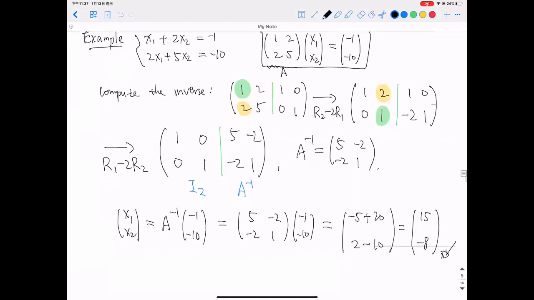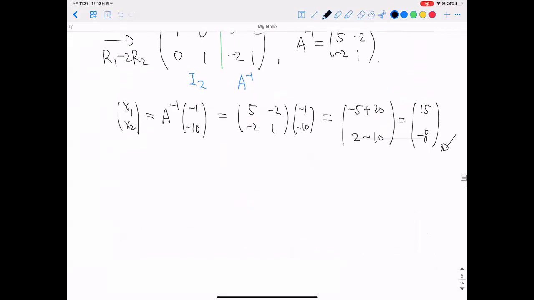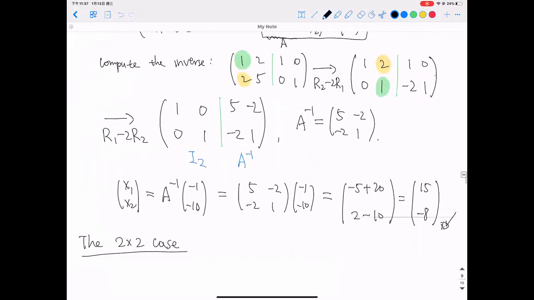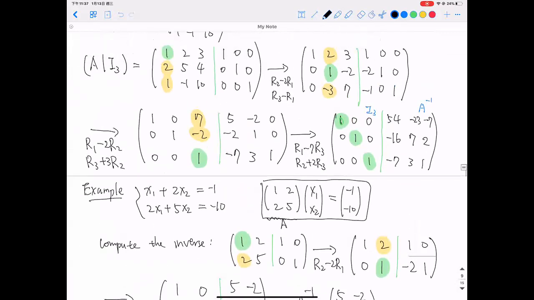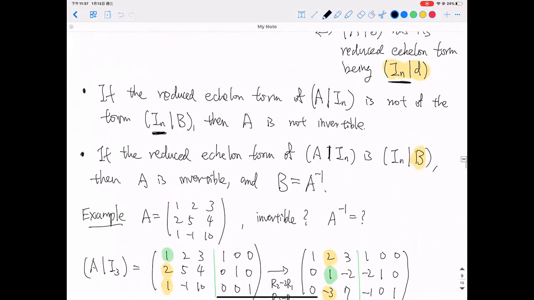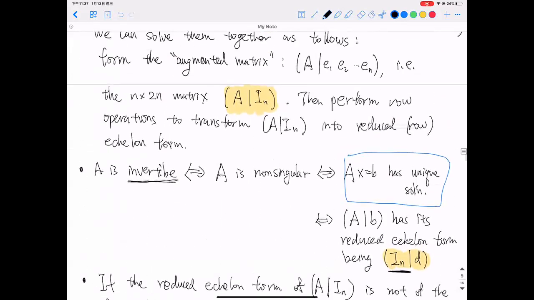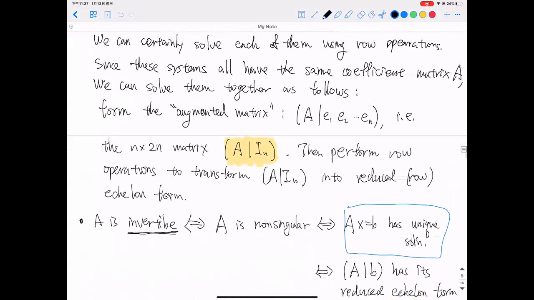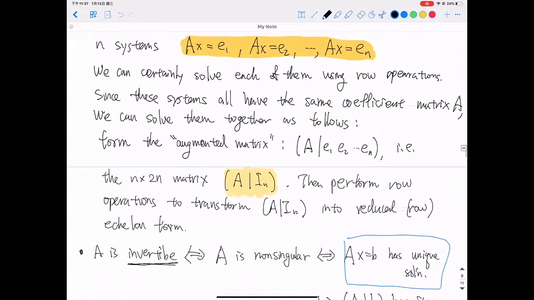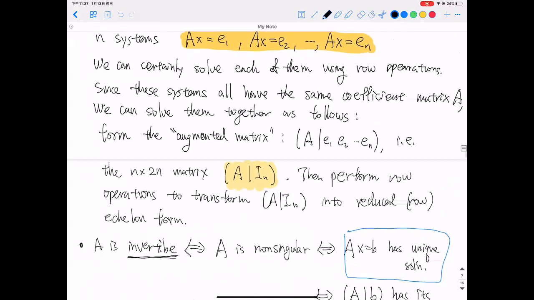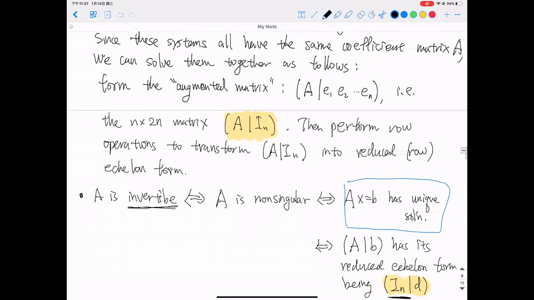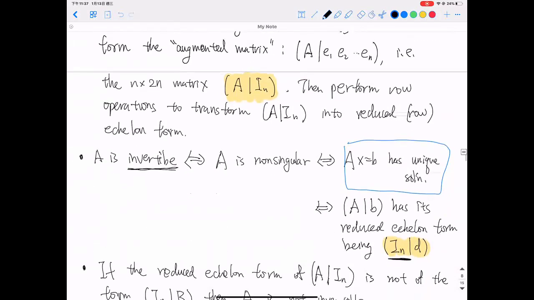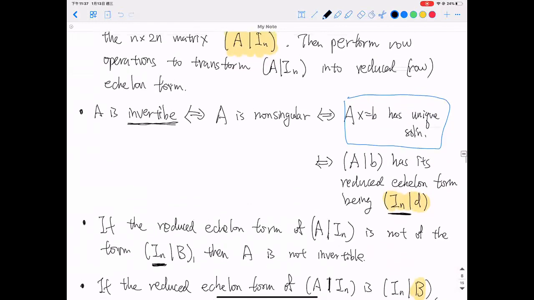Okay, now as we've seen and expect, carrying out the process of finding the inverse of A, if it exists, using row operations in general requires some amount of calculation, right?